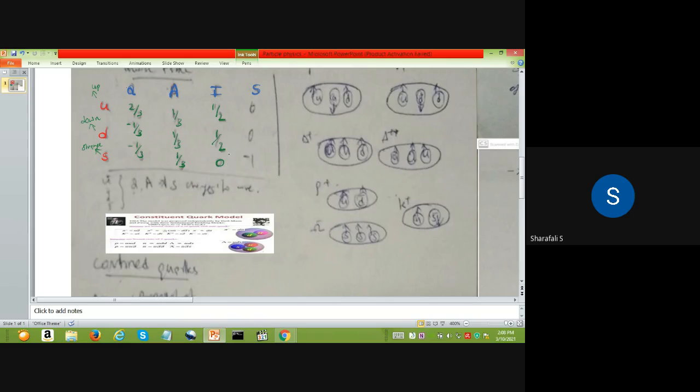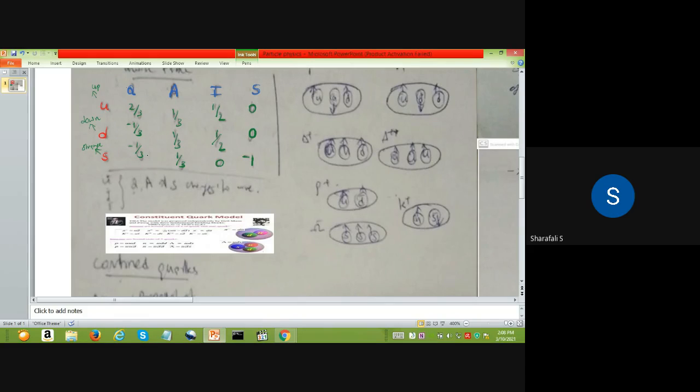And strangeness is 0 for the up quark, 0 for the down quark, and -1 for the strange quark. So these are the quantum numbers associated with the quarks U, D, and S.